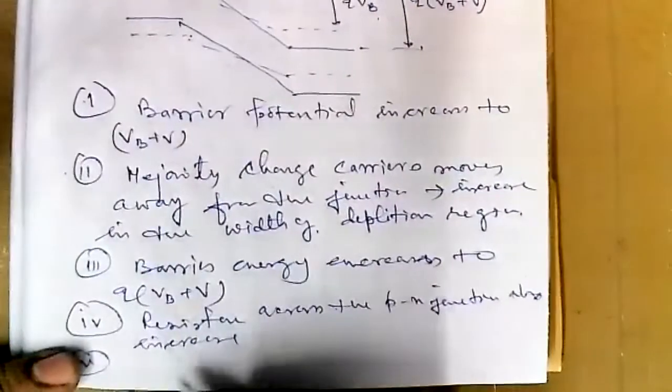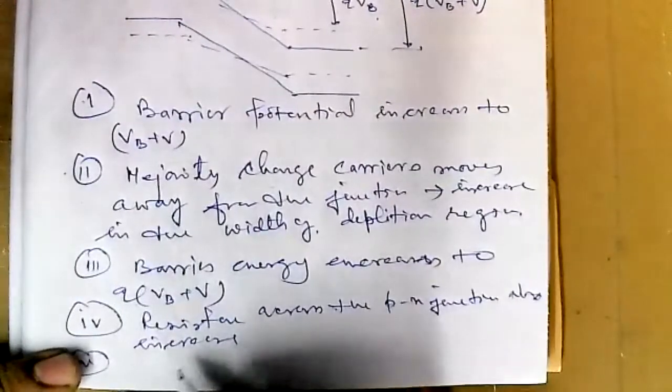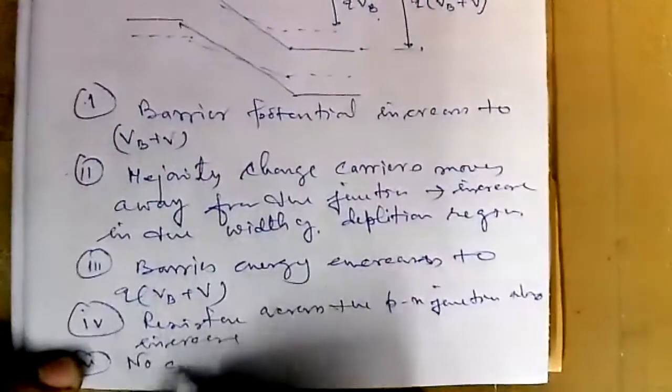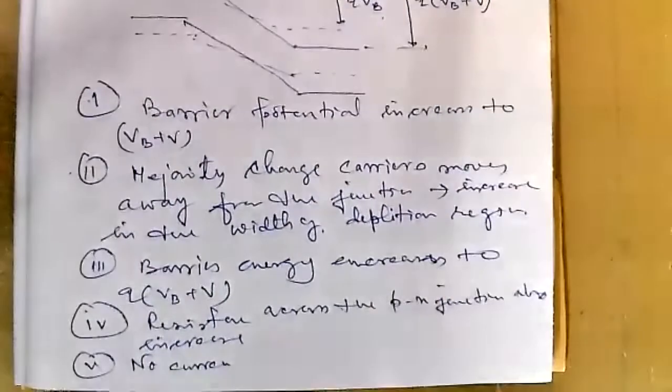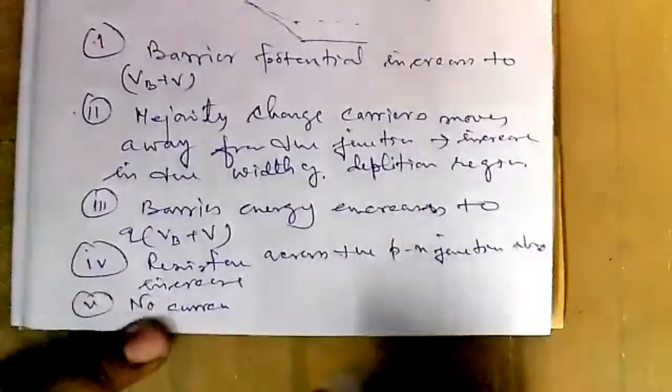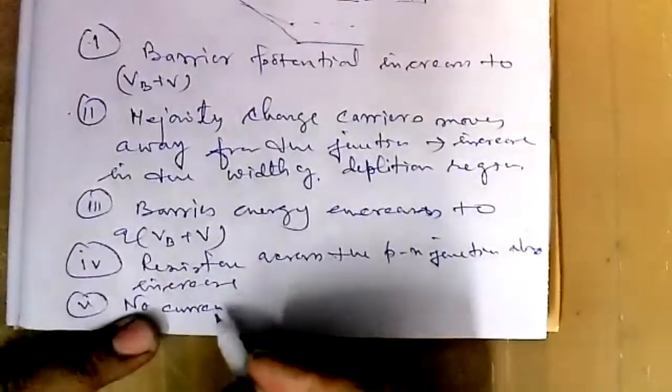And effectively no current flows across the junction due to majority charge carriers. No, there is a feeble minority current, but we are not going to take account of that. Effectively, the current will become zero.